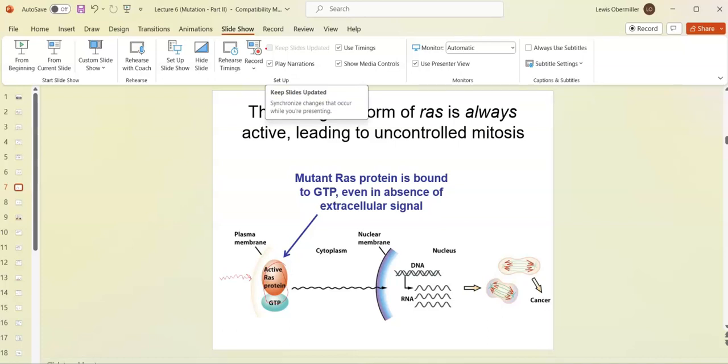It has that shape to make it active, and so it's always being translocated into the nucleus, where it's always turning on the DNA, which is always making RNA, which is always telling the cell to go through the cell cycle. So in this case, we're going to get uncontrolled cell growth, right? And that leads to a tumor.